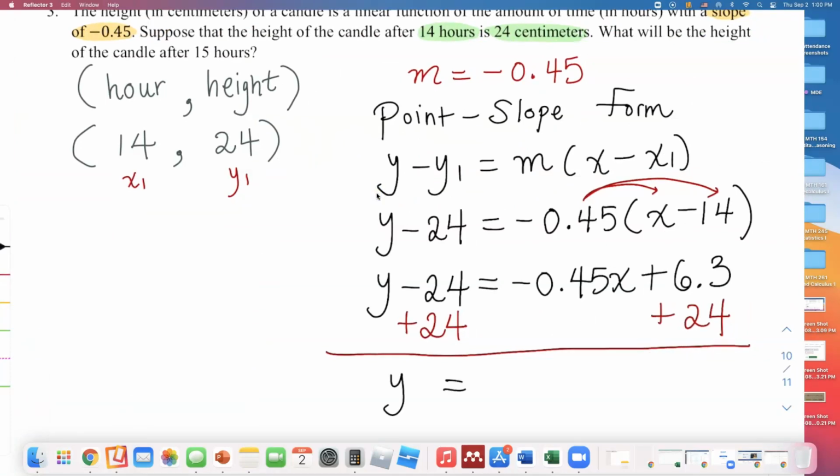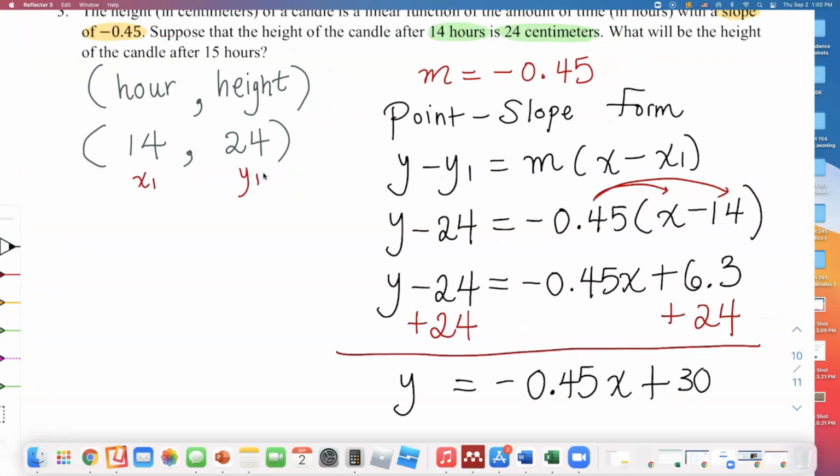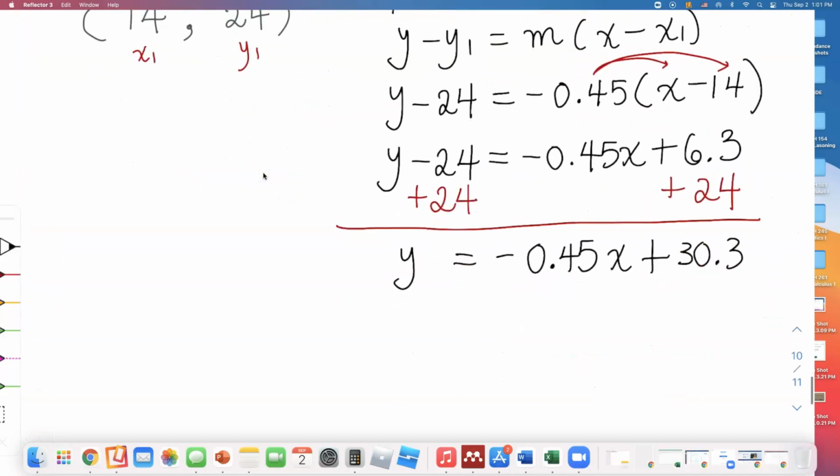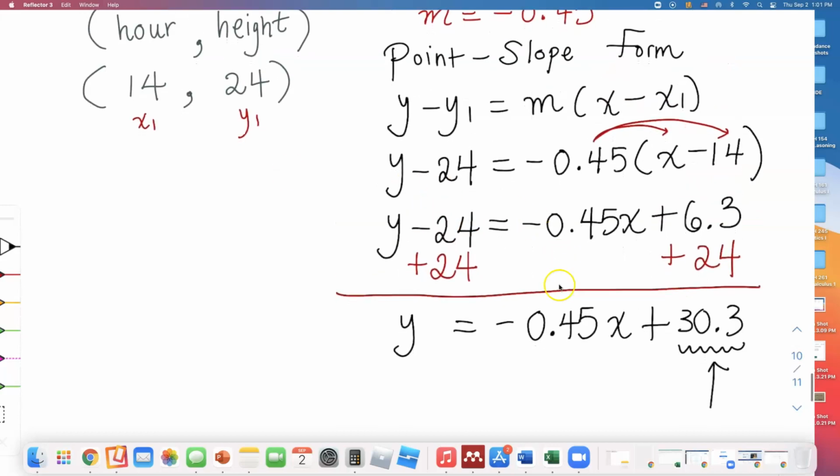Okay, so here's the equation: y equals negative 0.45x plus 30.3. This is important. What does 30.3 mean in this situation? Imagine if you don't burn this candle at all, like at hour 0.